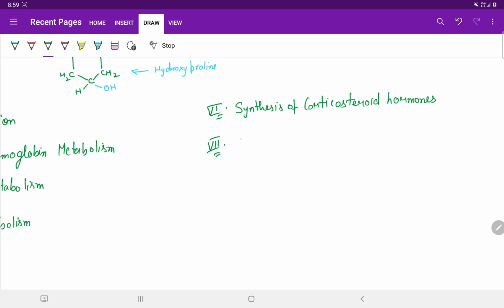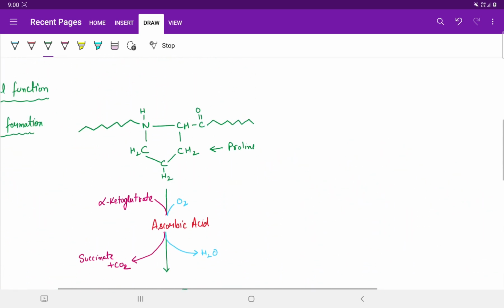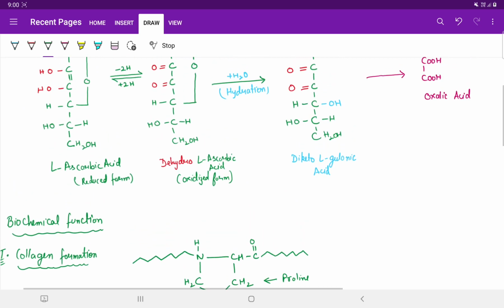Then the immunological function also. So in the immunological function, it enhances the synthesis of immunoglobulins and increases the phagocytic action of leukocytes. So these are some of the major biochemical functions that are related with vitamin C.